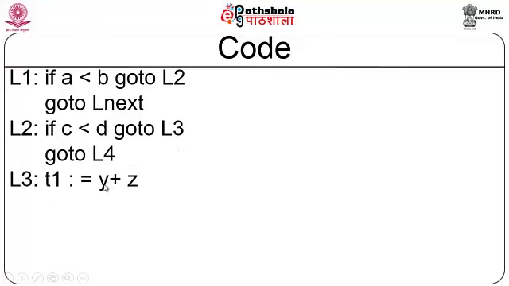Now what will be L3? L3 will be the body of your S1, which is T1, x is equal to T1. Now there is a go to, which is part of the if else, go to S dot next, which corresponds to the next of this if else construct. The next of this if else construct is the next of this while construct.